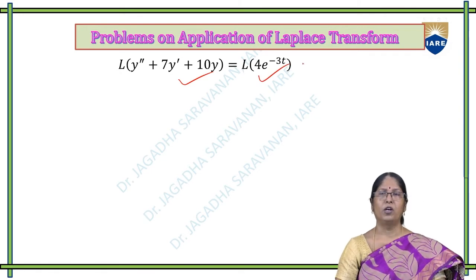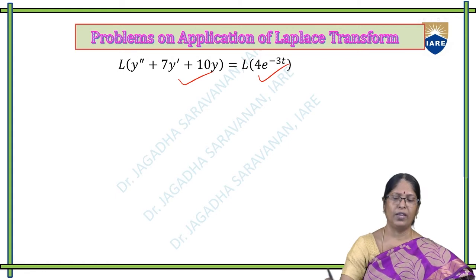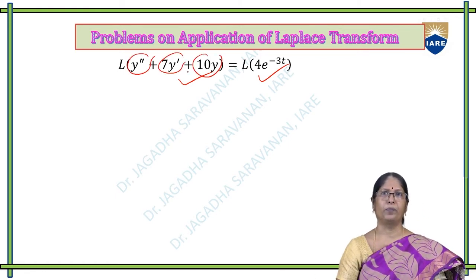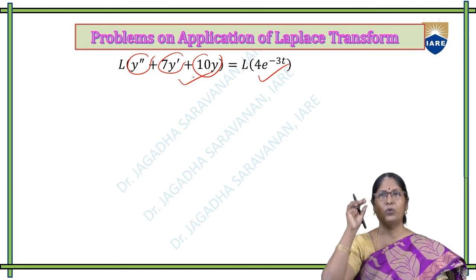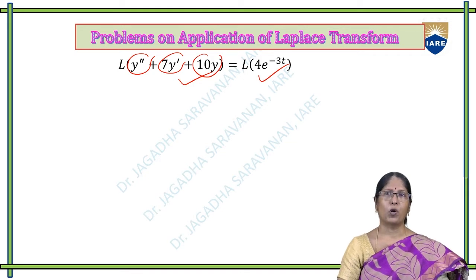But when we look at the left side, there are 3 terms, and for 3 terms at a time we don't have a Laplace formula. But using the linearity property which we have, we can split and write.